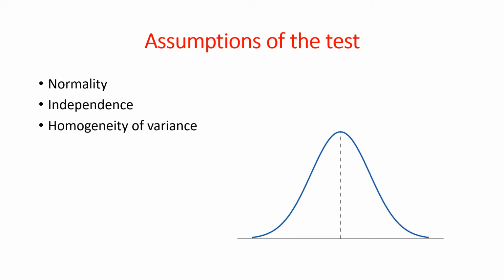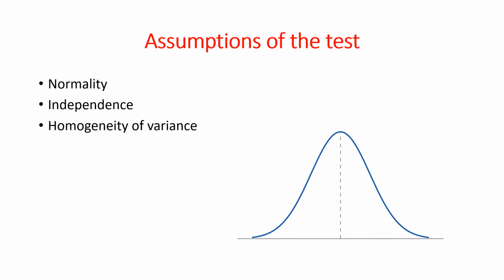So you need to think about what to do if your data is not normally distributed. If your data are not independent, that's not very difficult. You can do a paired sample t-test. If your data doesn't have homogeneity of variance, then you also need to think about what other test you can use. In the next slides, I'm going to talk about them.